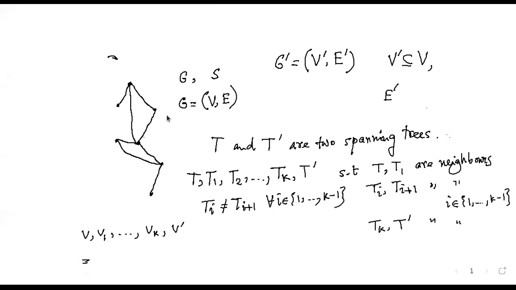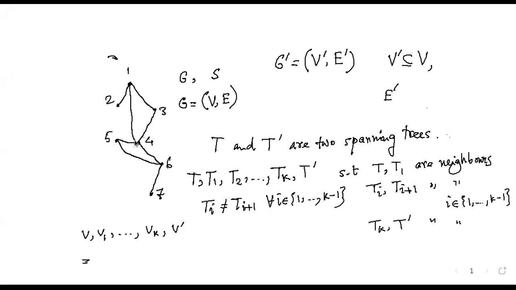Ma'am, what are the elements of G dash? There is not necessarily a unique way to construct G dash. For instance, for the graph we have given here, let's number the vertices 1 2 3 4 5 6 7.